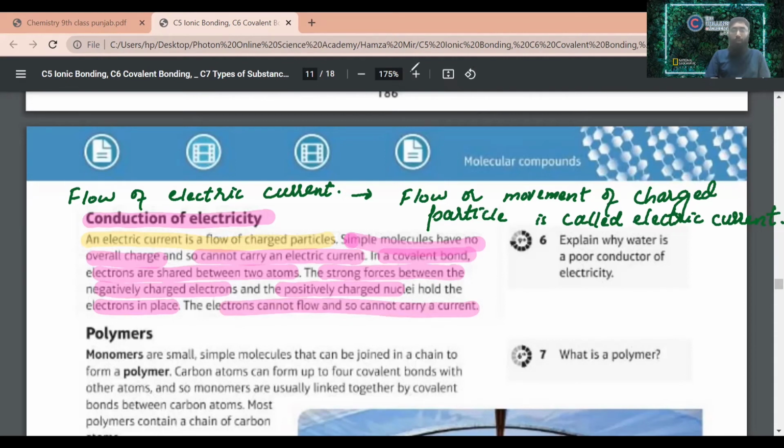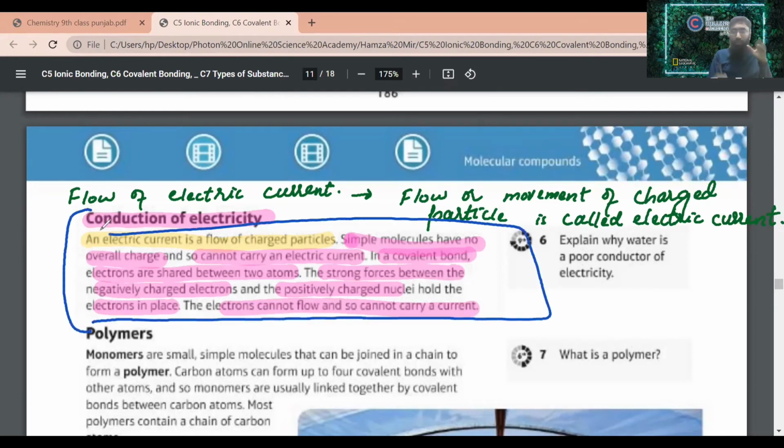So I am telling you, a question will be asked from that paragraph. The question would be like this: why can simple molecules not conduct electric current? The answer to this question will be written in these lines.